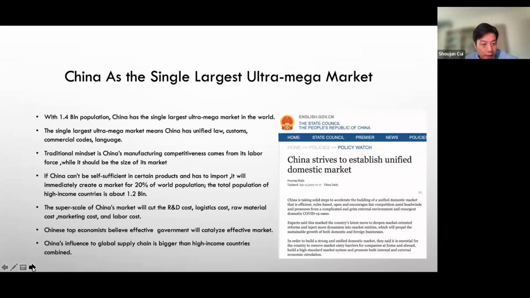If China can't be self-sufficient in a certain product, and has to import, it will immediately create a market for 20% of the world population.